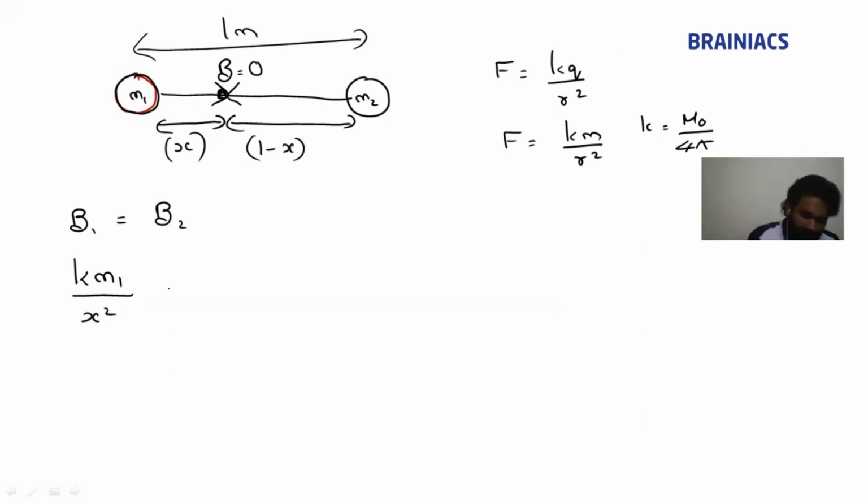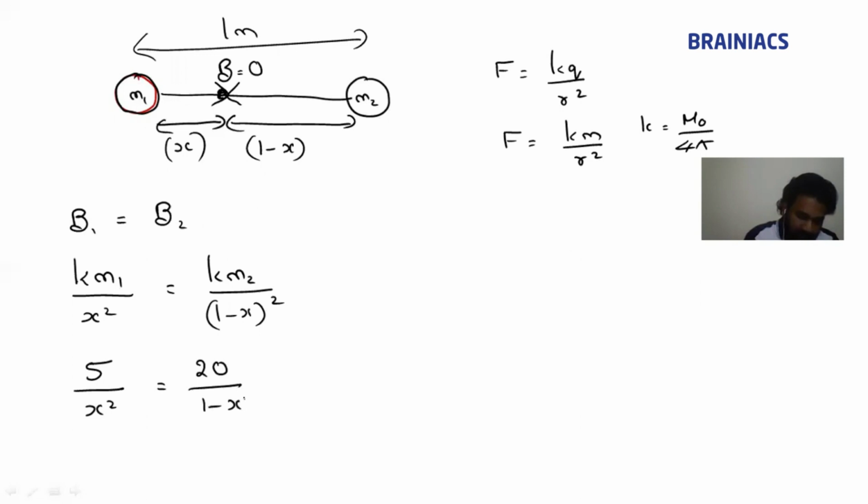And this is equal to K m2 divided by (1 minus x) the whole square. So m1 is given as 5, so 5 by x square equals 20 divided by (1 minus x) the whole square.